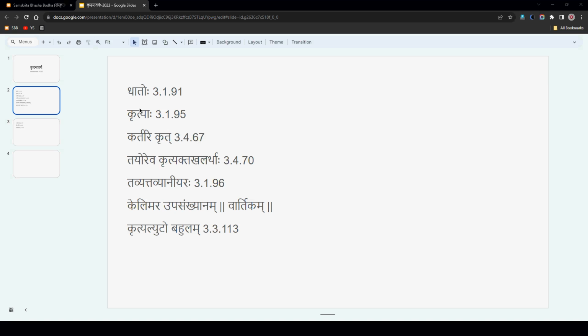Krityaha defines a subset of Krit Pratyayas. There are over 100 Krit Pratyayas. Out of them, a subset is given this Sajna Kritya Pratyayaha. They are also Krit only, but they are also known as Kritya.